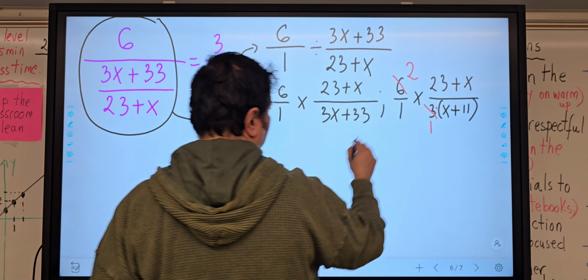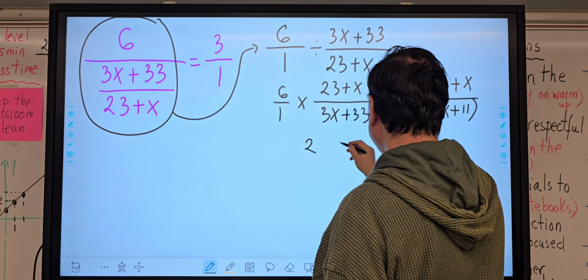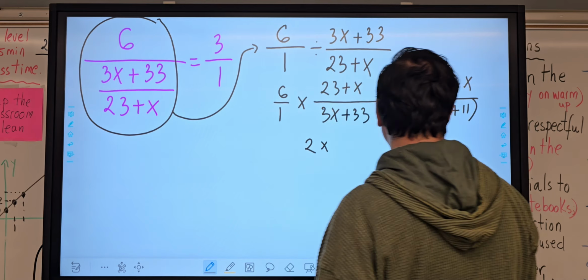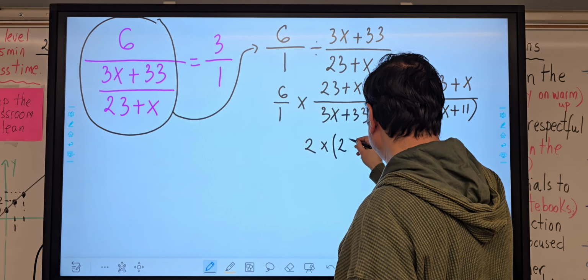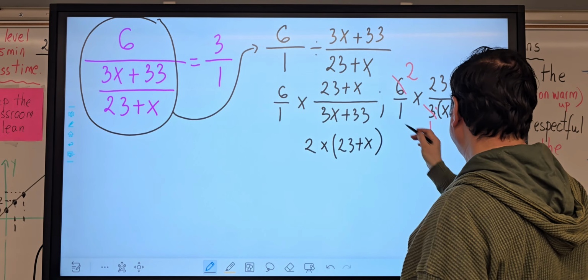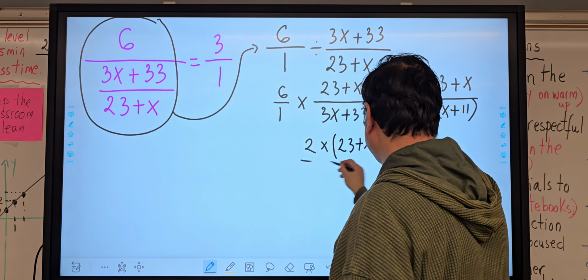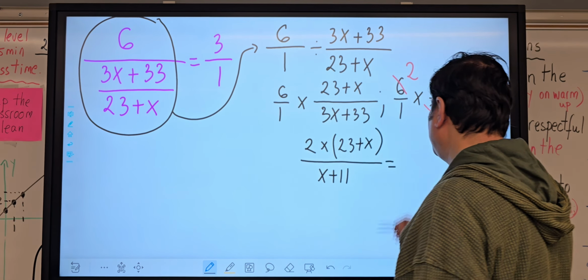So now on the top we have 2 times 23 plus x, and on the bottom we just get 1 times x plus 11, and see what we get.